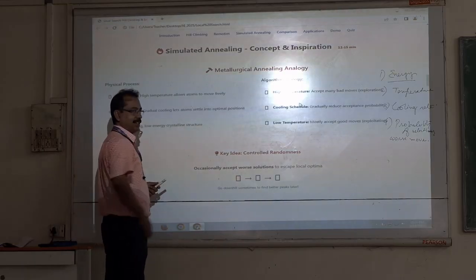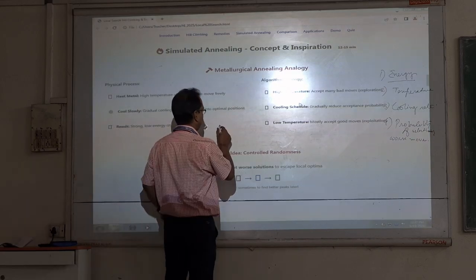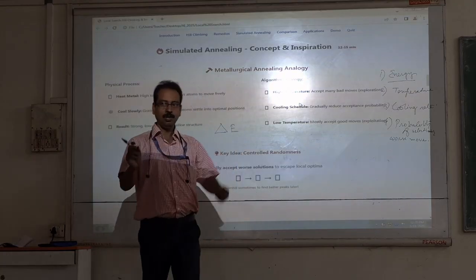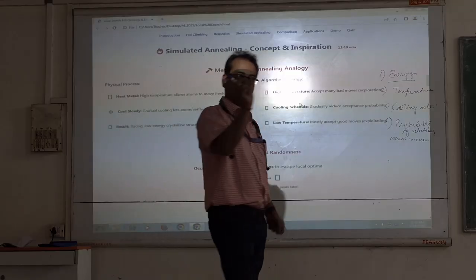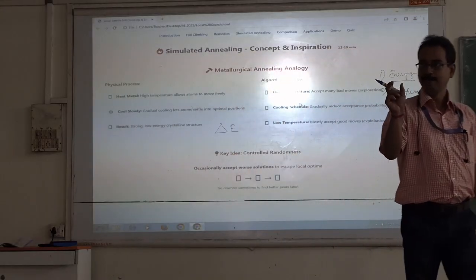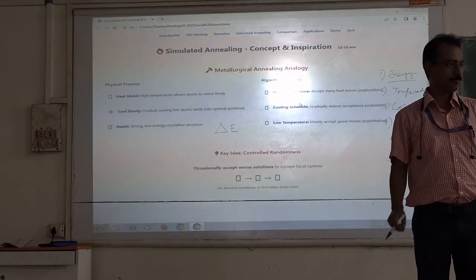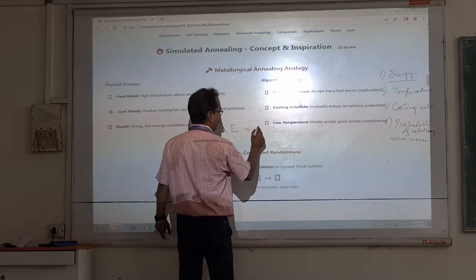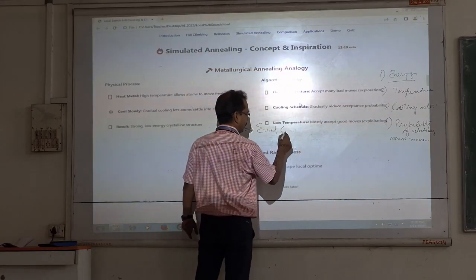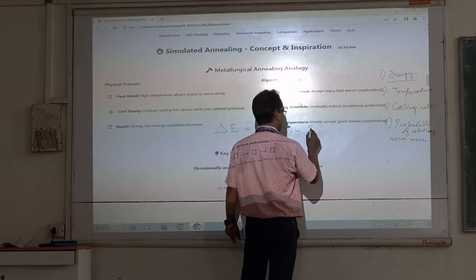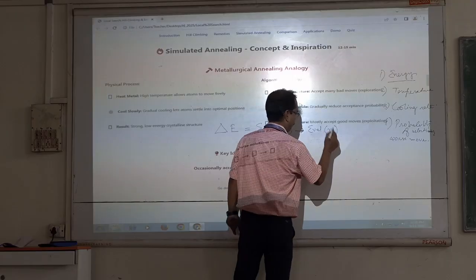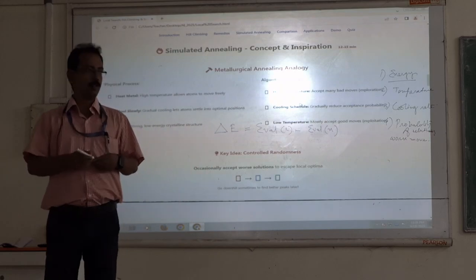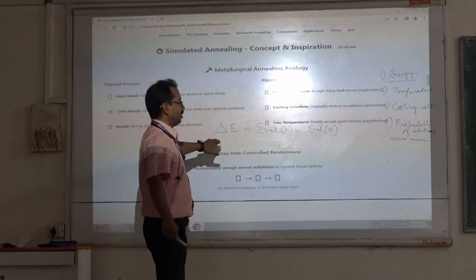So in our algorithm we use the energy term delta E. Delta is used for a small change or a difference. It will be symbolized by eval C minus eval N. So this is my energy difference.